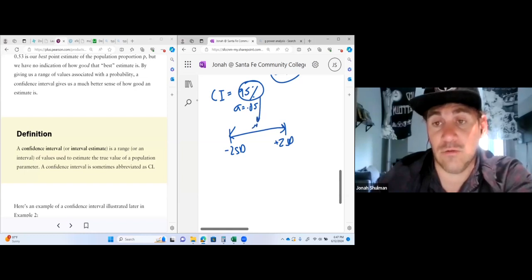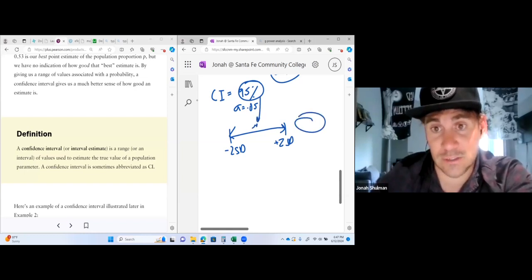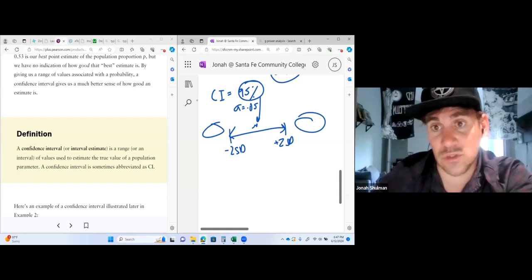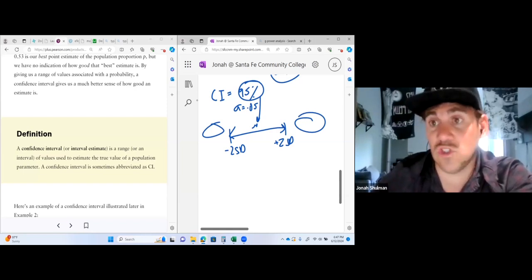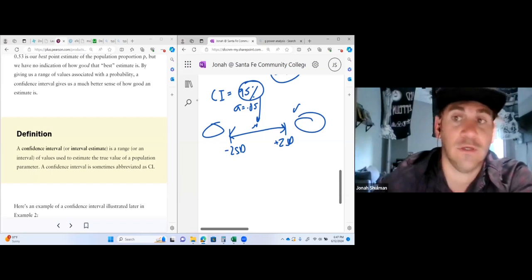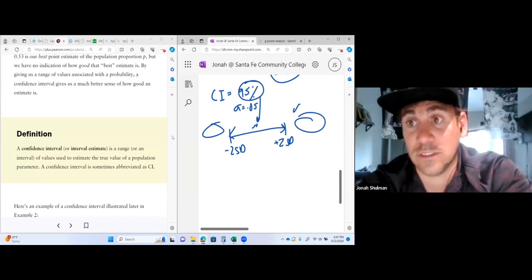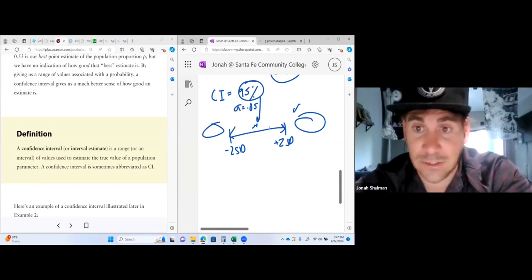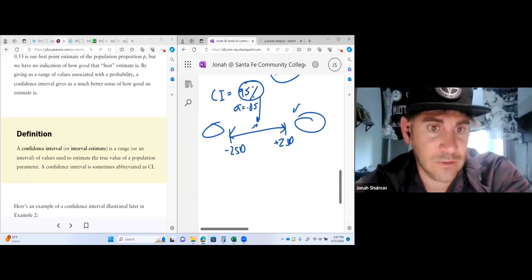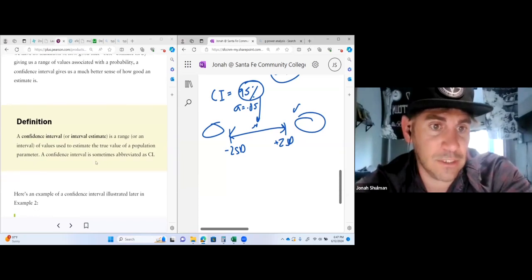And that's how we know that if we're outside of this, we are 95% sure that, guess what? This wasn't due to chance. This happened for a reason. It's that far away. To me, that's what a confidence interval is. It's the range of values used to estimate the true value of a population.